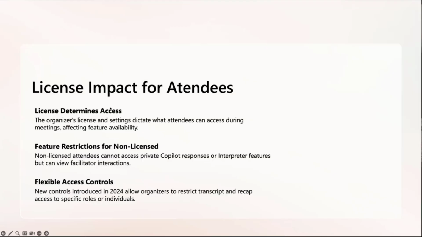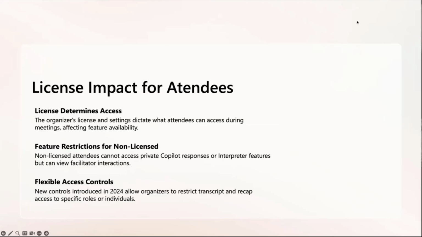Then we've got feature restrictions for non-licensed attendees. They can't access any of the private Copilot responses or interpreter features, but they can view the facilitator interactions. When the facilitator joins the meeting and starts facilitating, they can view those interactions, but they won't be able to do anything with them afterwards.